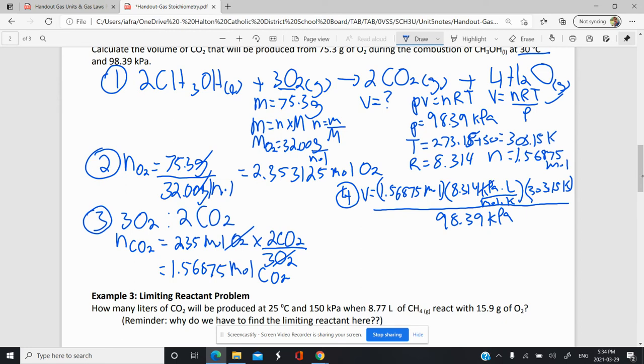You can cross out kilopascals, you can cross out moles, you can cross out Kelvin, and you're left with liters in the end there.